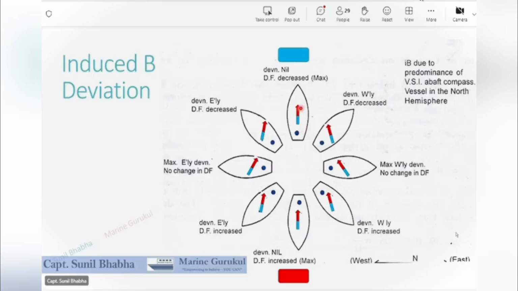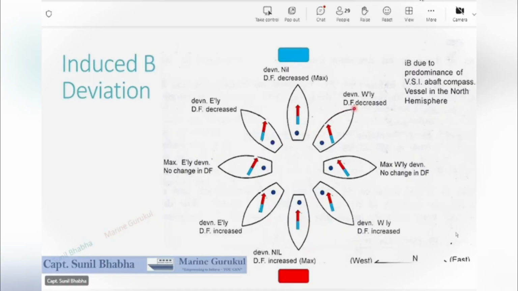Now the compass is pointing northwards, the red pole of the compass is pointing northwards because of the Earth's magnetic field. And the funnel's blue pole is trying to rotate the compass and turn it by 180 degrees. It wants the red end to point southwards where the funnel is, but it is not able to do that because the magnetism of the funnel is much weaker as compared to the magnetism of the Earth.